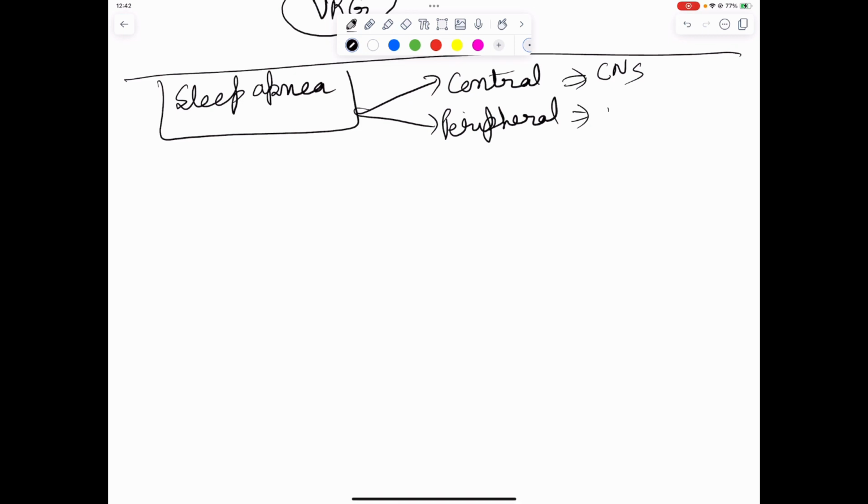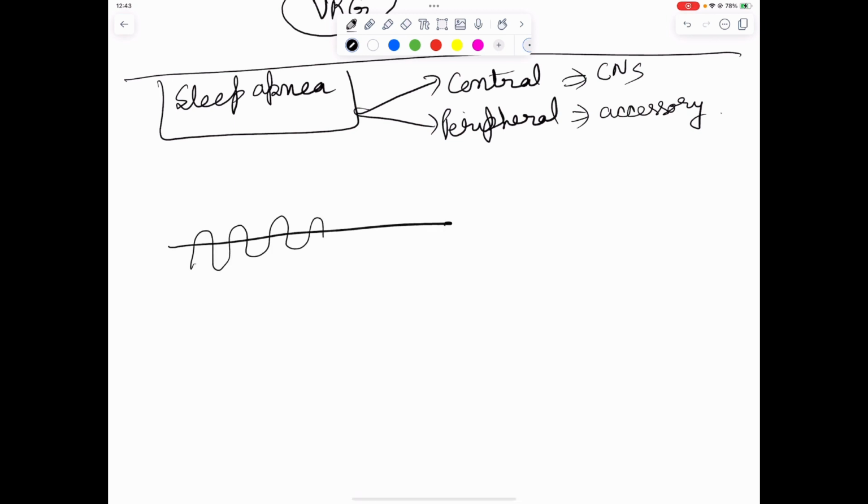The accessory muscles responsible for inspiration are not working. In sleep apnea, if the peripheral muscles are working, that is the rectus abdominis and the transversus abdominis, but still there is no inspiration, it means that the problem is in the inspiratory tract, and that is a peripheral obstruction.